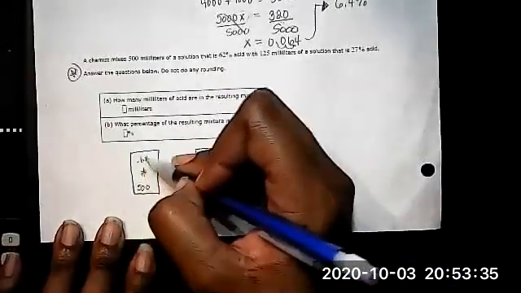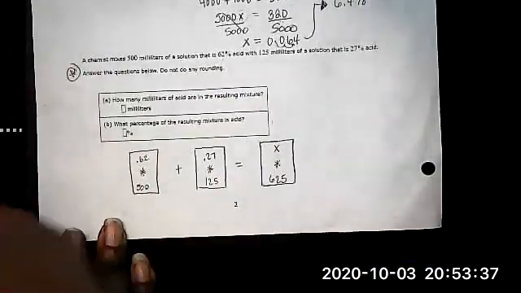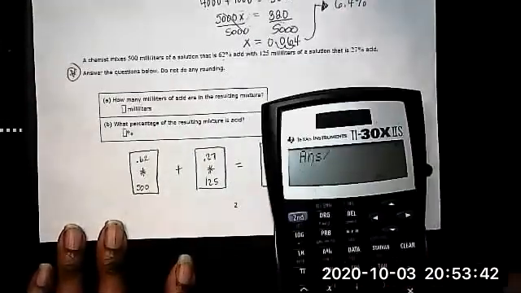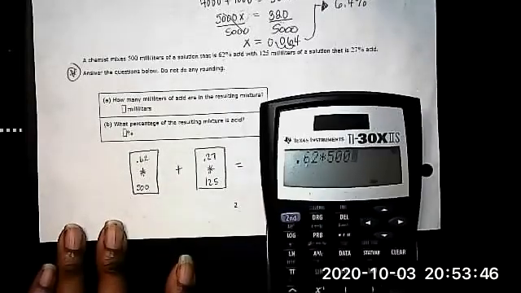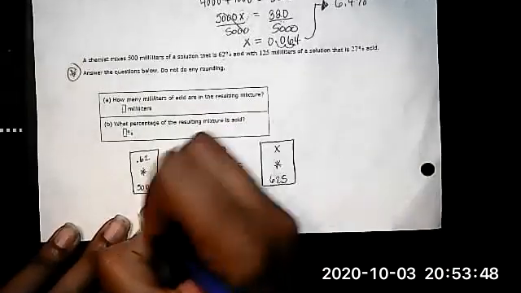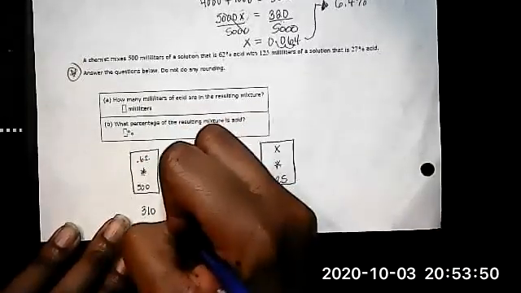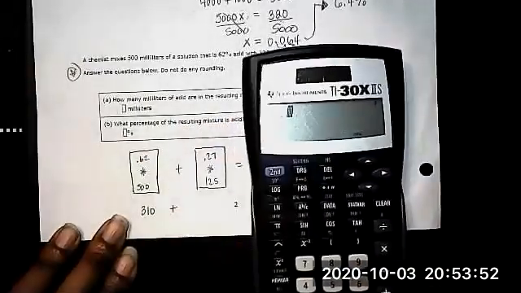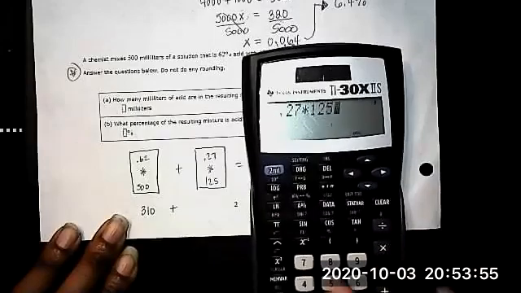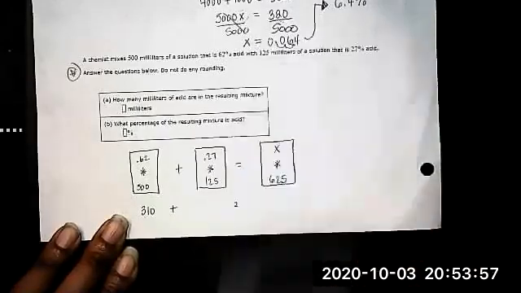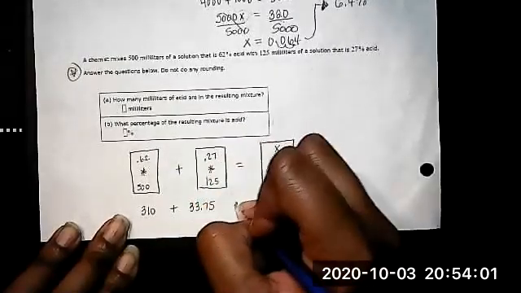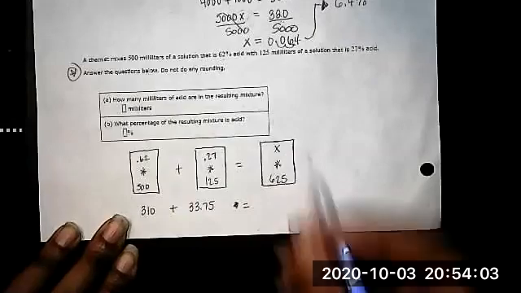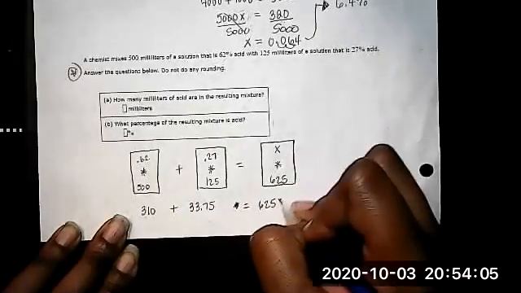We'll multiply 0.62 times 500, and you'll get 310. So it'll be 310 plus 0.27 times 125, which is 33.75, equals 625x. Okay.